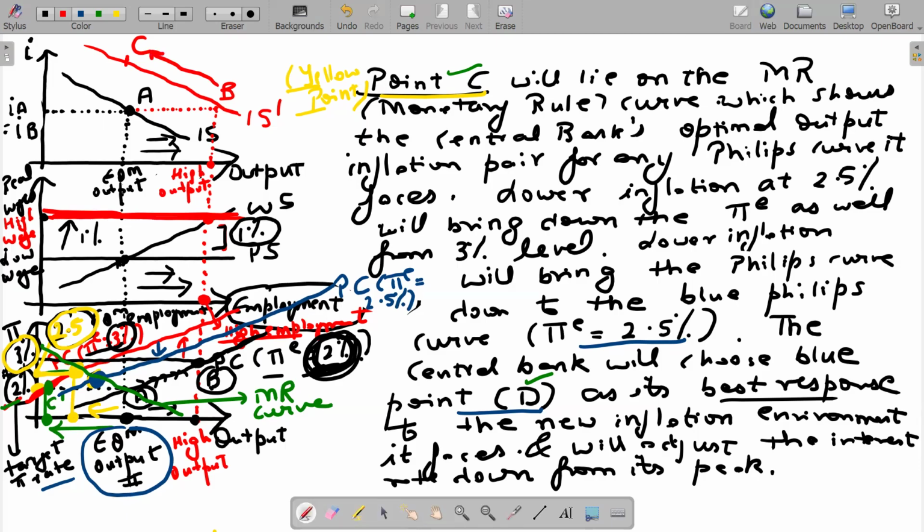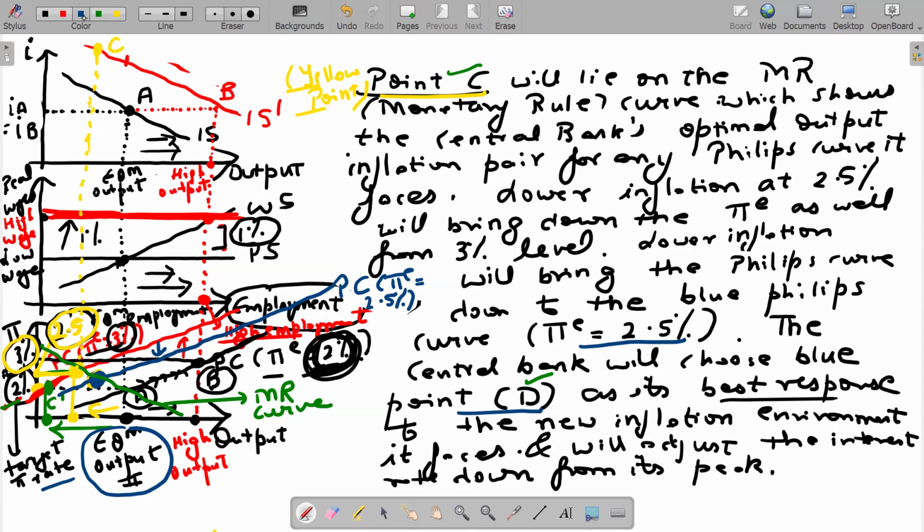Let me correct myself slightly. My equilibrium output at point C was how much? The yellow one, right? If I drag up the yellow one, corresponding to the yellow one, the point was C. The interest rates were very high.